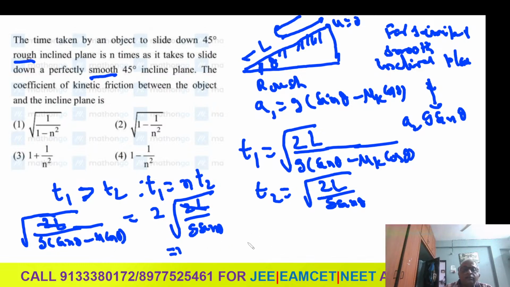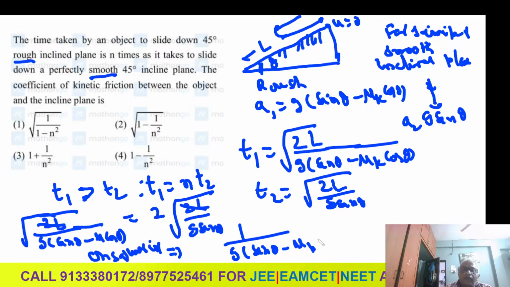If you square both sides, g into sin theta minus mu k cos theta, and on the other side n squared by g sin theta.